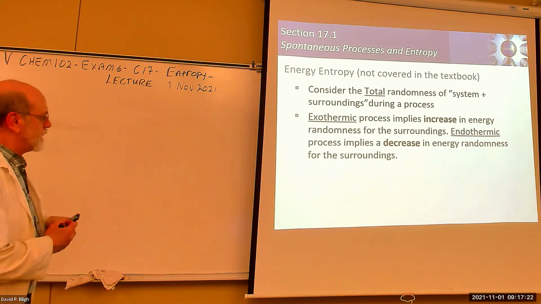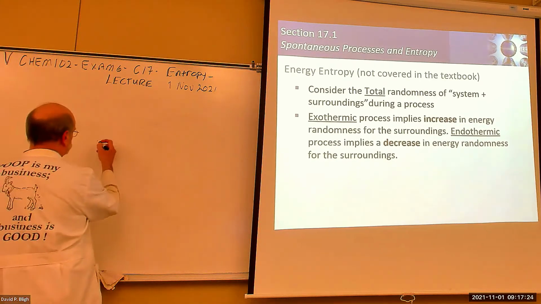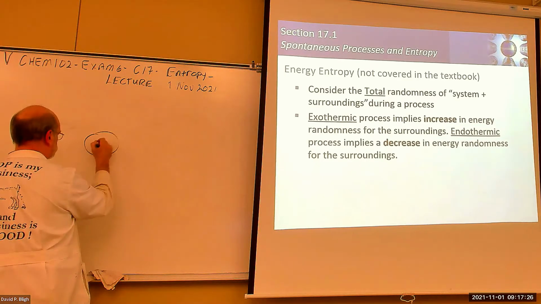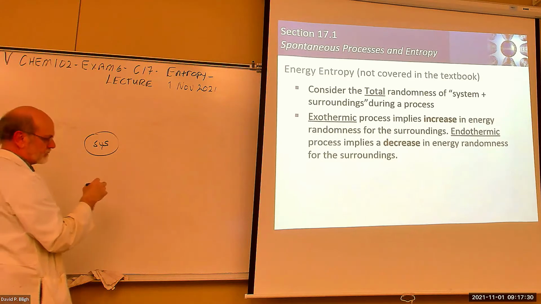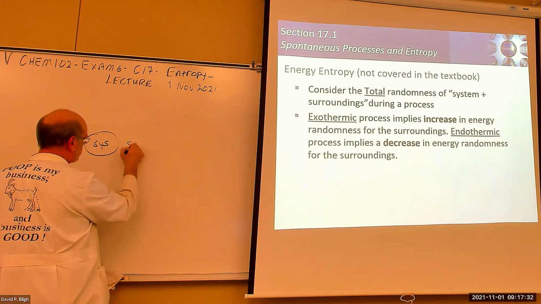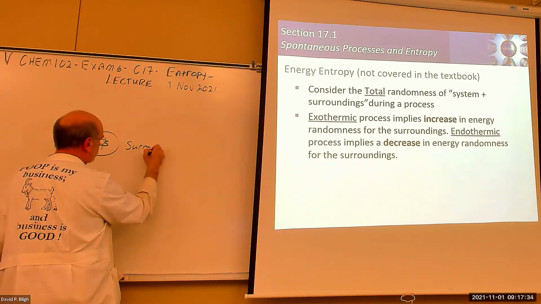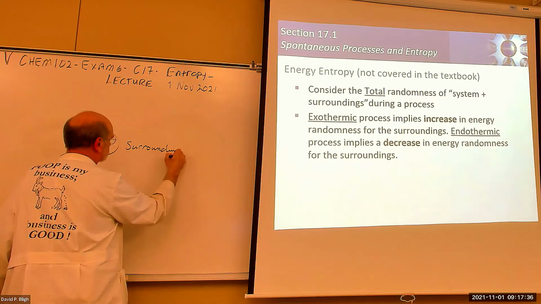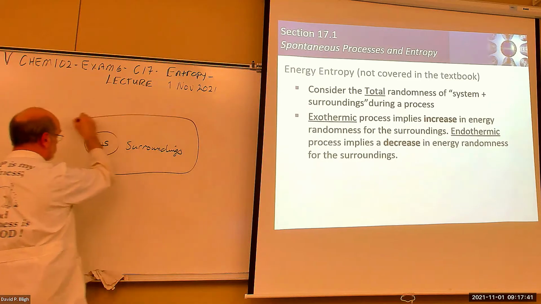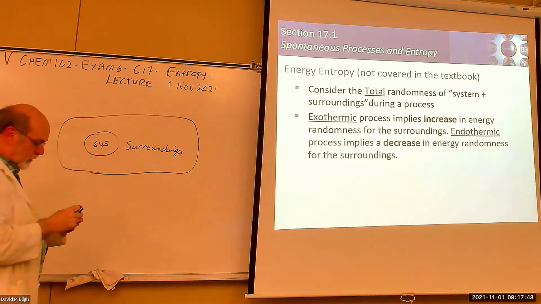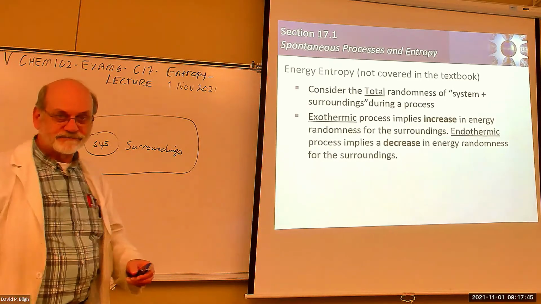So we're back to the system and surroundings concept, like we started off with in thermochemistry. And we can confine the surroundings like this. Right, we don't have to use the whole universe.